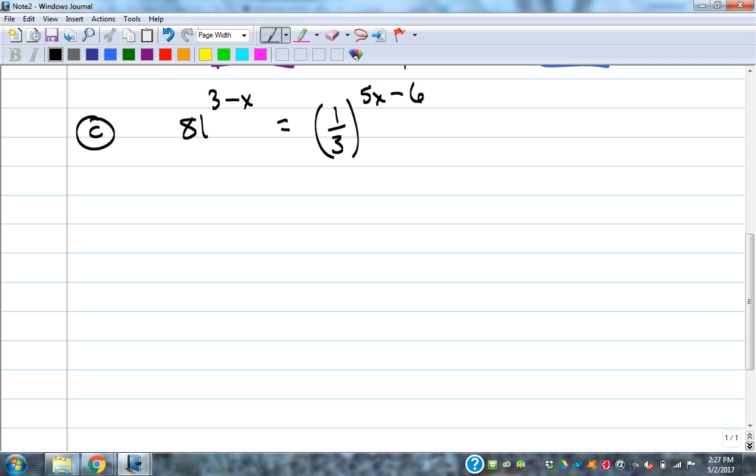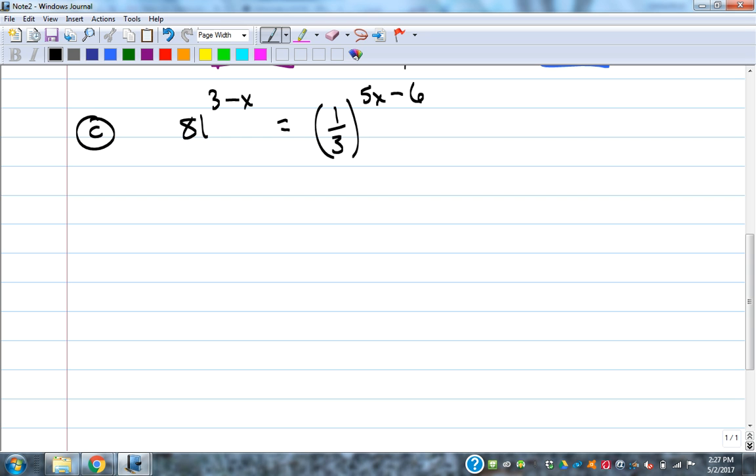What do we know about 81? It's 9 times 9, it's 9 squared. But 1/3 is not a 9. But 9 is really 3 squared, right? So what's 81 as a 3? 3 to the 4th power. Okay, and how could we write 1/3 as a 3? 3 to the negative 1. Very good, sir. 3 to the negative 1.